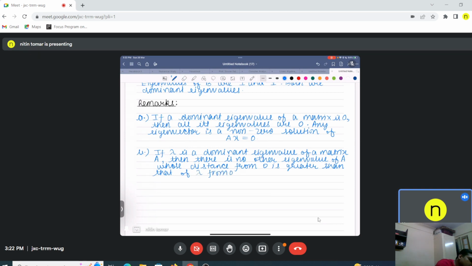And this is nothing, just language, okay? Like the distance of lambda from 0, what is it actually? It is just mod lambda, right? This distance is actually mod lambda. And the distance of an eigenvalue from 0, let me use another pen. So if we are considering the distance of an eigenvalue, then it will be some mod mu. And because lambda is dominant, what does it mean? Mod lambda will be greater than or equal to mod mu. So this is precisely what it means.